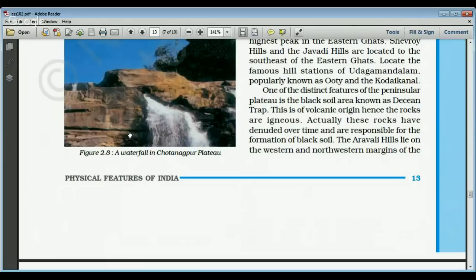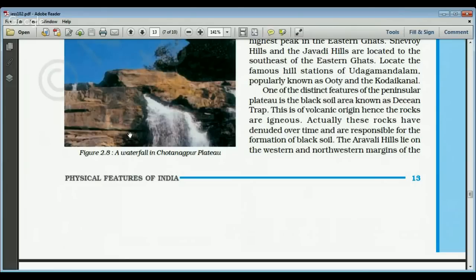I've told you that in the whole peninsular part, the rocks are either igneous or metamorphic. Most of the regions of the Himalayas are sedimentary. But we have already seen that in the part of the Greater Himalaya, some of the rocks are granite, and granite rocks are igneous rocks.